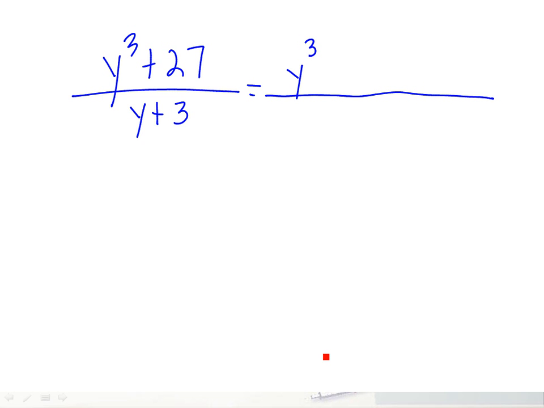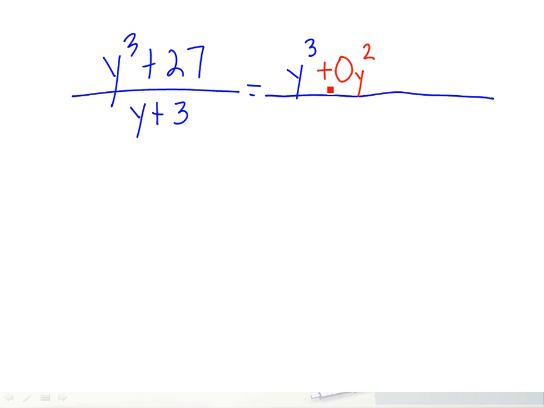So when we're missing terms, we add placeholders there, and this is how a placeholder looks. We're going to put plus 0y squared, because we're missing y squared, but we need something to hold its place. And what this is really saying is 0 times y squared, right? 0 times y squared is 0, so we haven't done anything illegal.